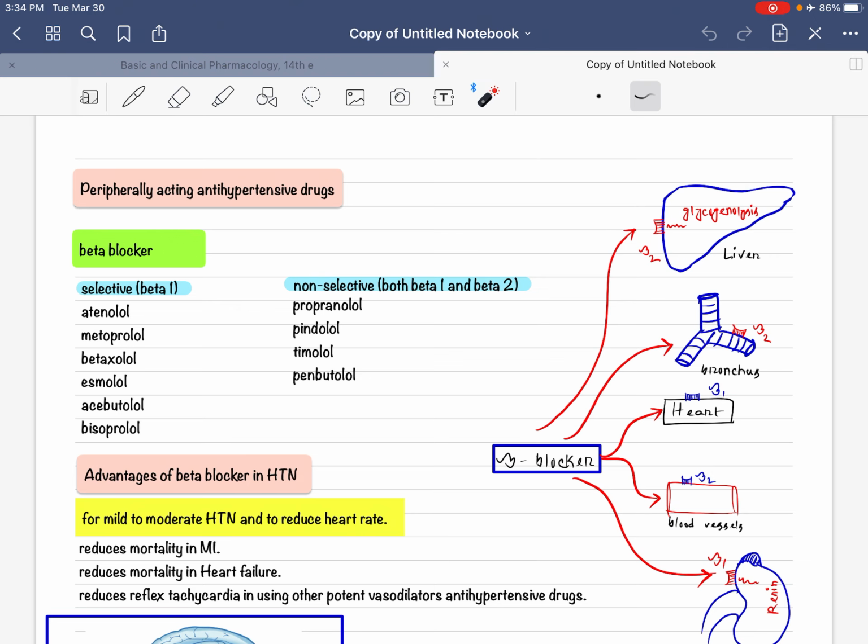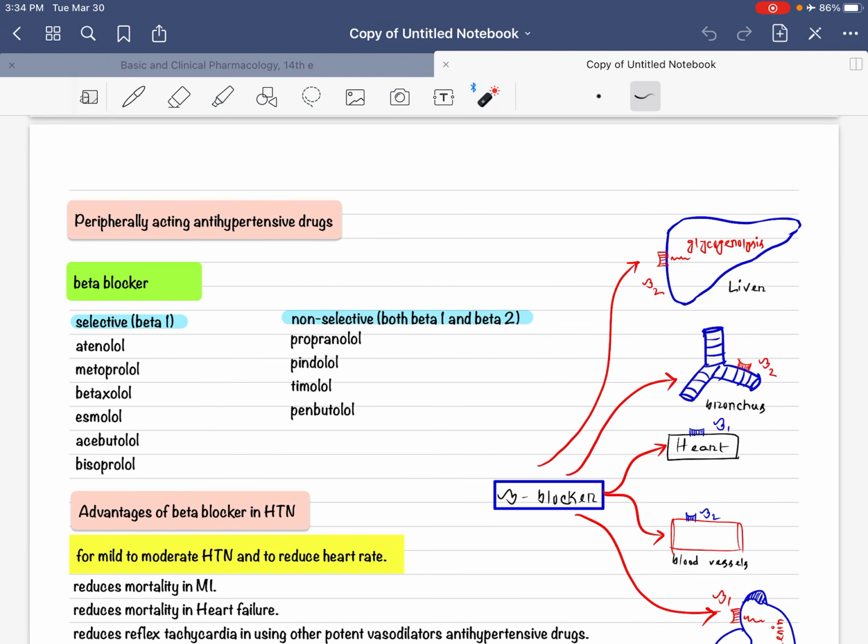These are beta blocker drugs. Whenever you think about a beta blocker, you should think about whether the drug is selective or non-selective, because we have beta 1 receptors, beta 2 receptors, and also beta 3, but that is not important. You should know just beta 1 and beta 2.